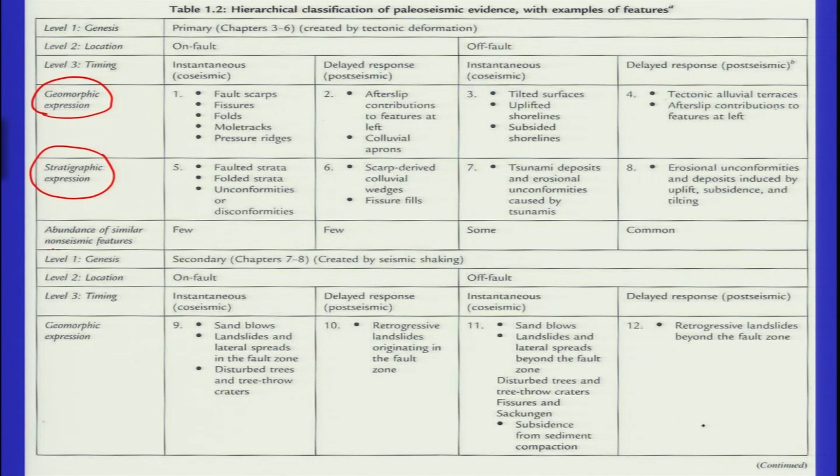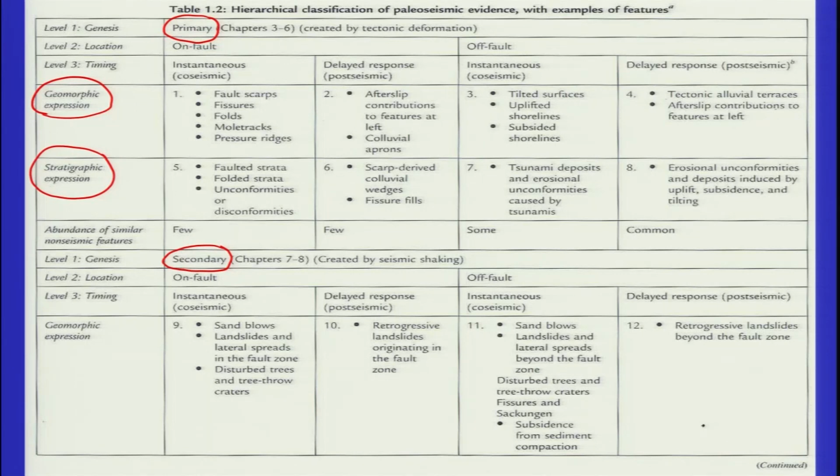Further, we have the abundance of similar non-seismic features, and we are talking about what those non-seismic features are. Those are the primary, which I have briefly shown you in the first slide, and then you have the secondary, on fault as well as off fault.